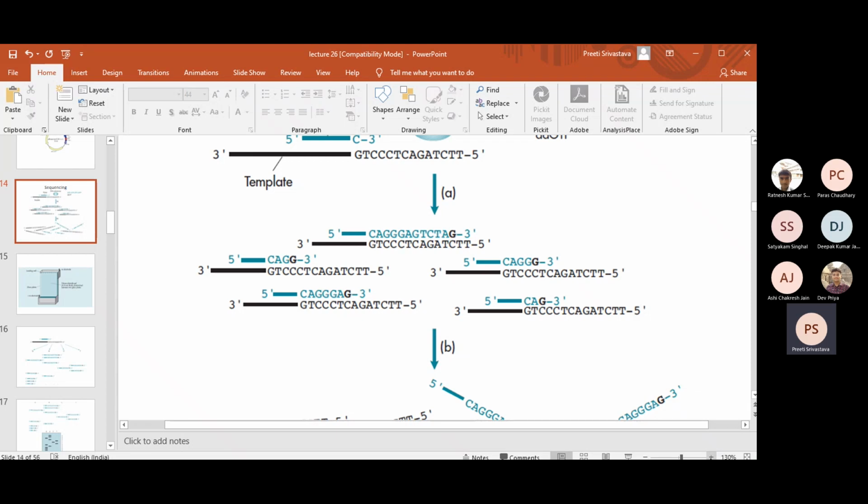They found that the T7 polymerase, when used, could take care of even the secondary structures. But these days, when we perform sequencing, we use the equipment called thermal cycler, the PCR machine that I have taught you. In this case, you raise the temperature so the DNA gets denatured, then you allow the primer to bind, and then you extend.